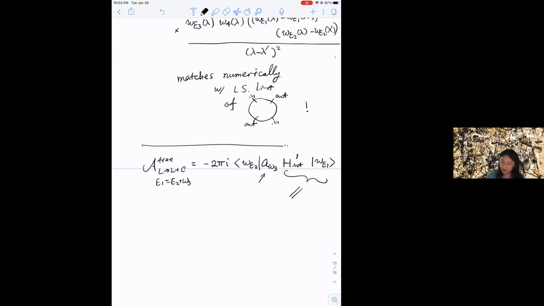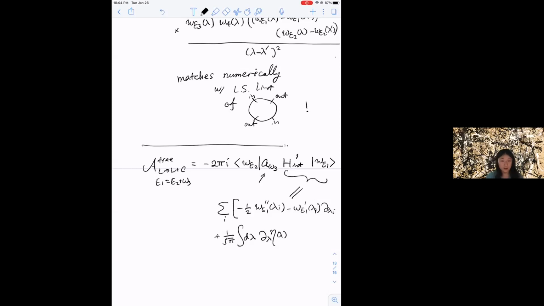So H interaction acting on the long string wave function, as I already explained earlier, is given by this expression involving some WE1 double prime of lambda, WE1 prime of lambda partial lambda I, plus another sum, but now I can turn the other sum into an integral. And the relevant part of the integral is going to involve the fluctuation of eigenvalue density, which is partial lambda, 1 over square root pi, as you might remember, partial lambda of eta of lambda.